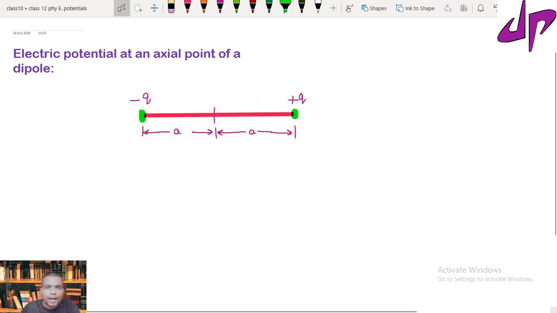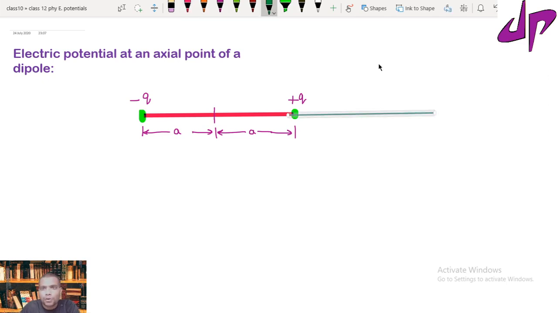In this case, I need to find the electric potential along the axial point. If you take along this axis, this is my axial point. I will consider a point P here, and I would like to find the electric potential value at point P. This point P is at a distance of r from the middle of the dipole, so this distance I can take as r.